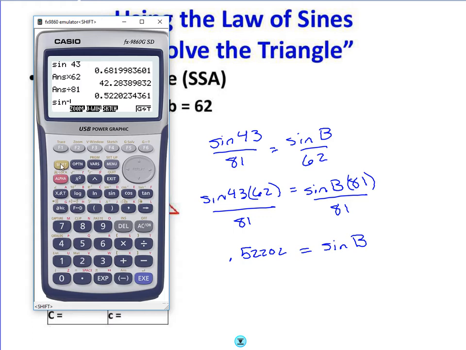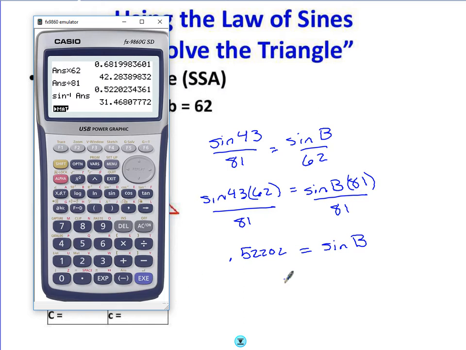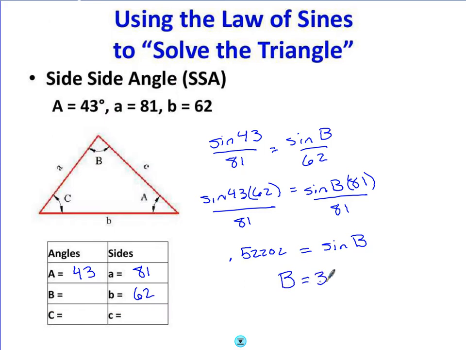So if I hit Shift and then the negative button, see how it says A and S? That means answer. So your calculator is going to use that previous answer. So the inverse sine of this answer, all right, and that means that angle B is 31.5 degrees.